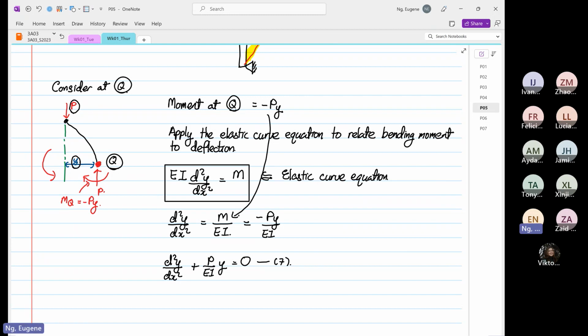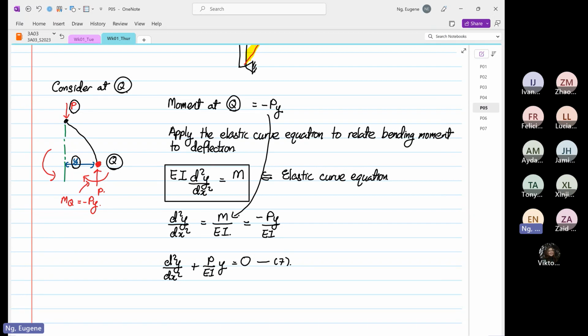Have you all seen equation 7 before? Anyone? I think probably in 2ZZ03 or something like that. So what do you call an equation like this? Can you remember? ODE, I think. Yeah, it's a second order differential equation.